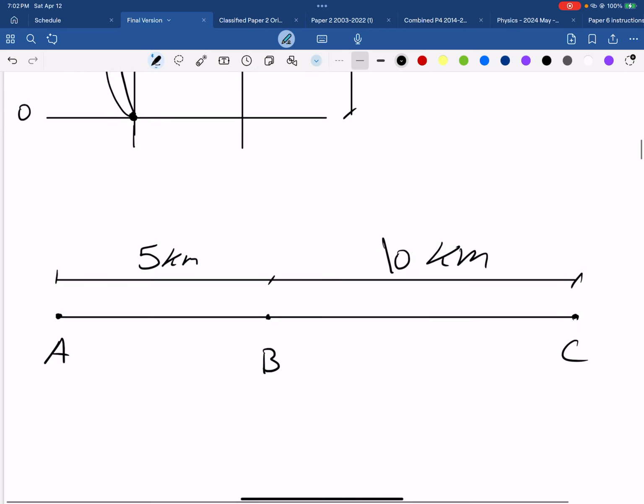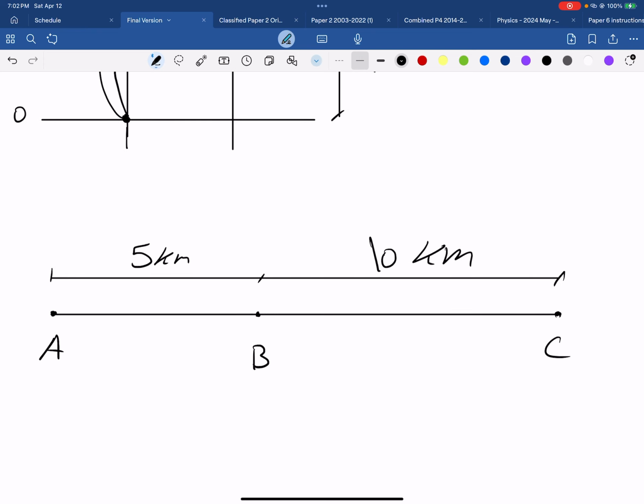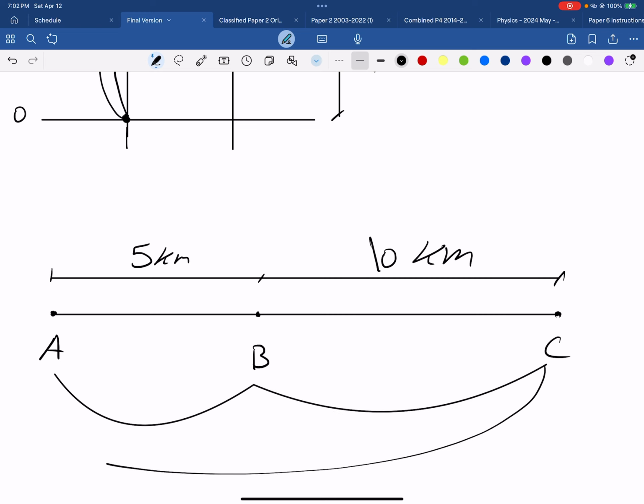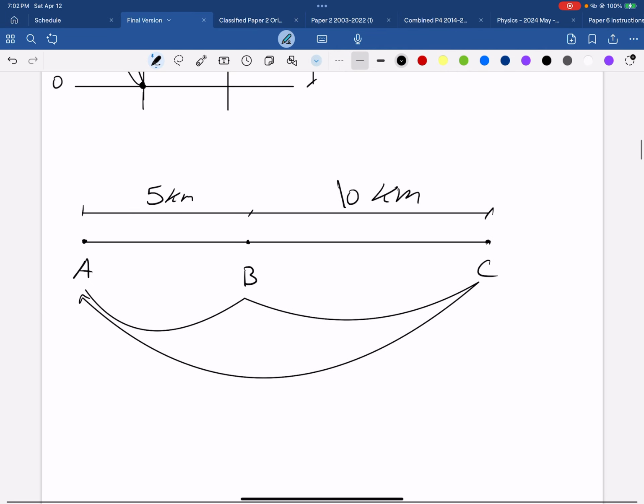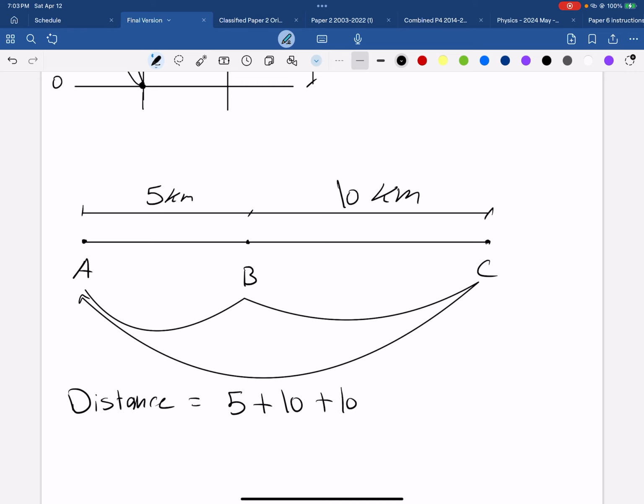So let's look at the horizontal idea. Let's say an object was at A, moved to B, and then to C, and then it went back to A. Okay, so that is the motion. In order to get the distance, as we said, you just add it up. So that would be 5 plus 10, and then he's going to go back 10 and another 5.